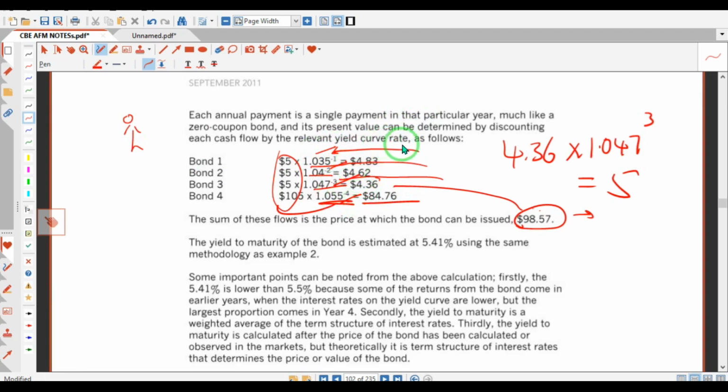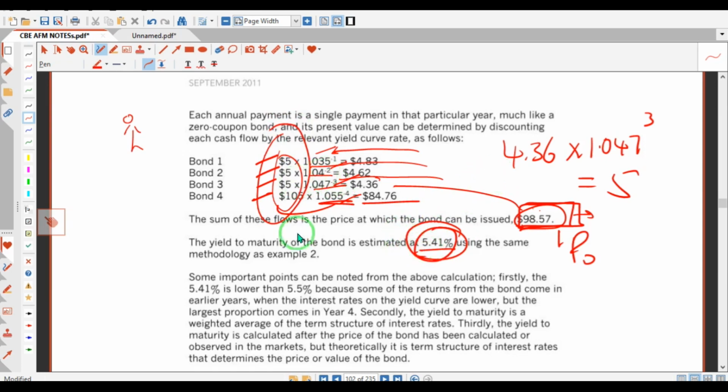If you don't have time to explain to a layman, probably you want to talk in a simple language, you just tell him, I bought an investment for $98.57 today, and I got $105. Actually, I'm getting about 5.41% per annum each year for all these cash flows. This is like yield to maturity, constant. Every year I'm getting 5.41.